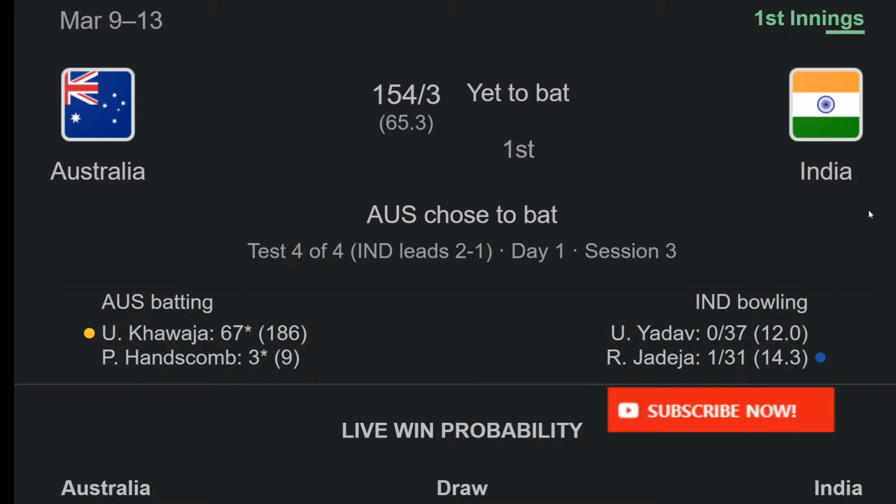Jadeja to Khaja. Back foot defense by Khaja. No run, over completed. 66 overs complete.